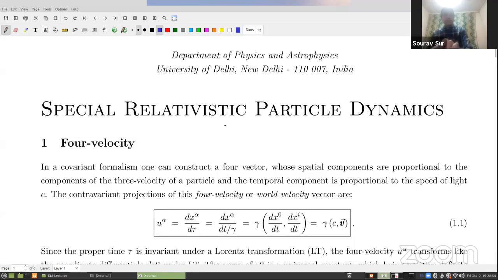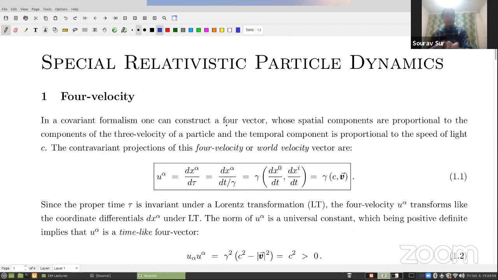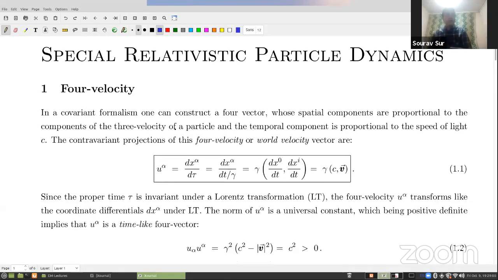The first definition is of the 4 velocity. In the covariant formulation, one can construct a 4 vector whose spatial components are proportional to the components of the ordinary 3-dimensional velocity of the particle, and the time component is proportional to the speed c.